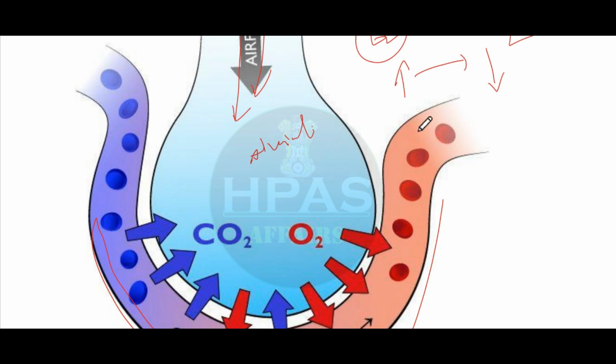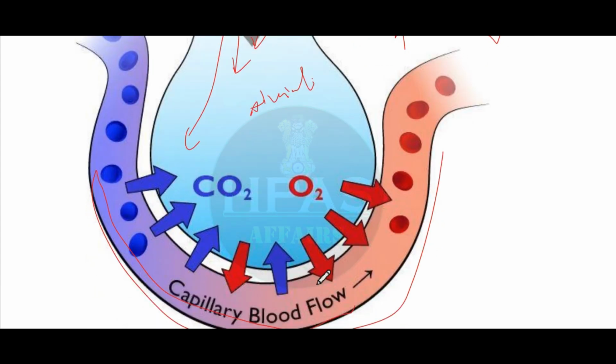Basically the same thing happens here. When oxygen-rich or carbon dioxide-rich air reaches here, the concentration in the capillary of the blood vessel increases, and gases move from high concentration toward low concentration, so CO2 moves here.